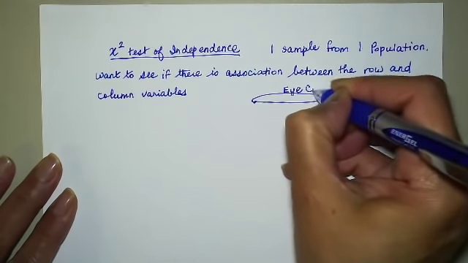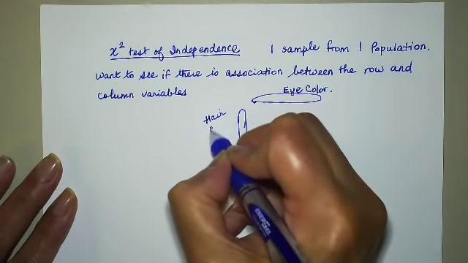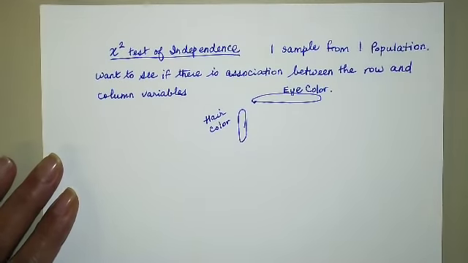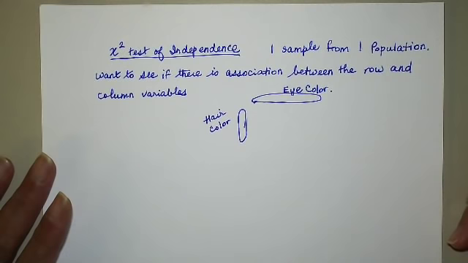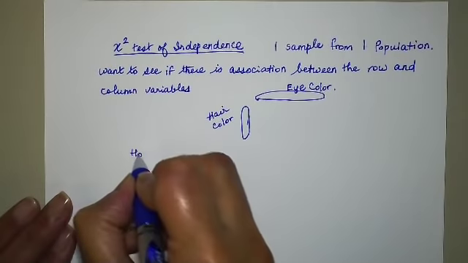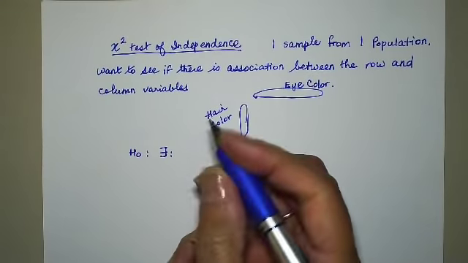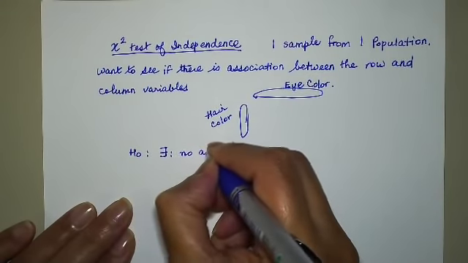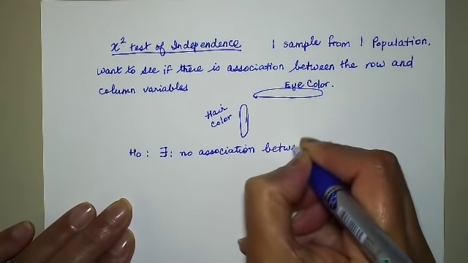For example, perhaps I want to see if eye color is associated with hair color. Meaning, do blondes have blue eyes like that? What do you think? We'll see. We'll find out. So H naught in this case would be, this backwards E means there exists, there exists no association.